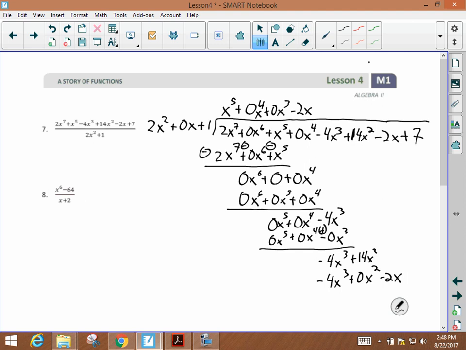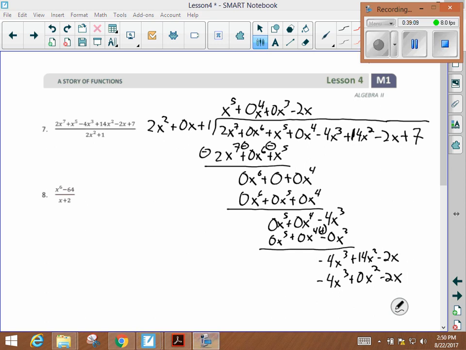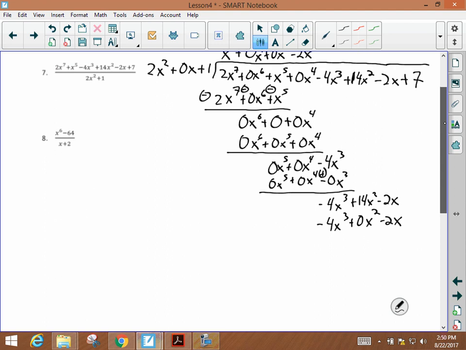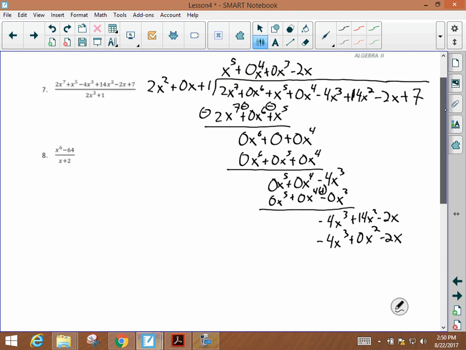Now we're missing this term, so we're going to have to drop down this 2x term. All right, I need a little more space.